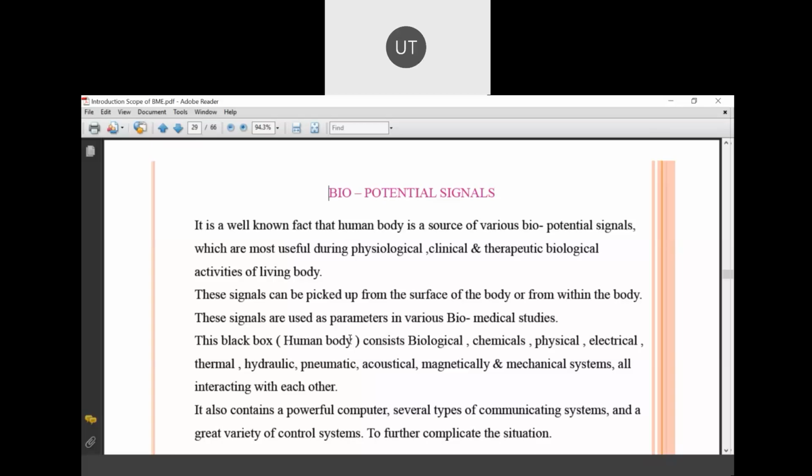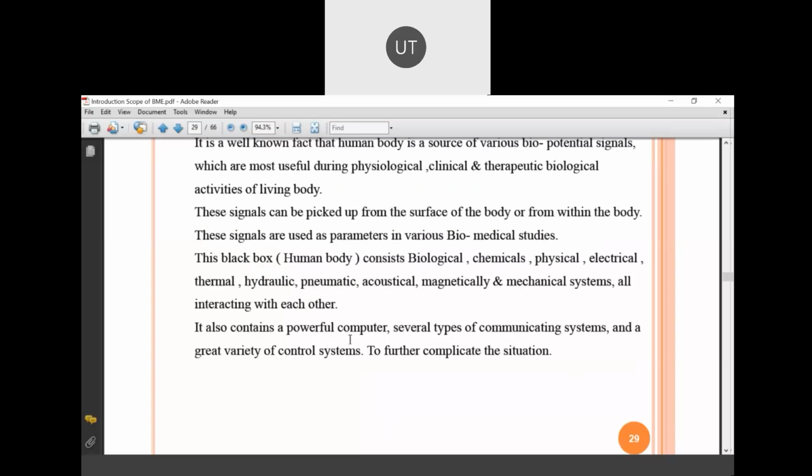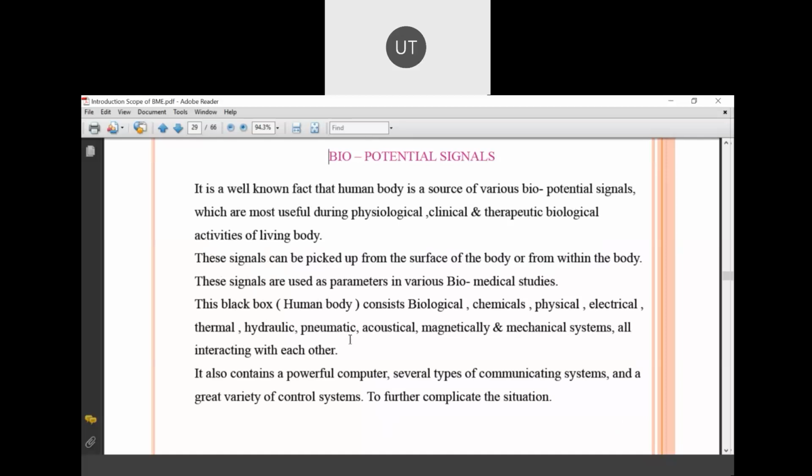Okay, so it all consists of a powerful computer or communication system, that is our nervous system, which is carrying the signal from the brain to the different parts of the body. Okay. So these are categorized as biopotential signals. So whenever we say a biopotential signal, it is the signal generated by the human body, and specifically by the different systems we can measure it in different units, and the strength of the signals will be different.